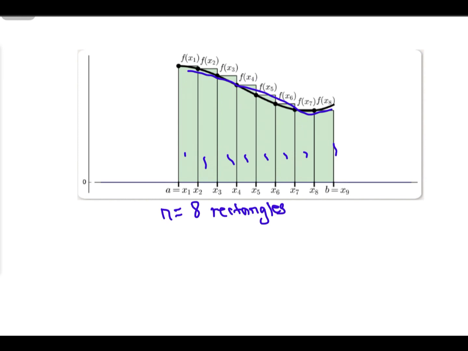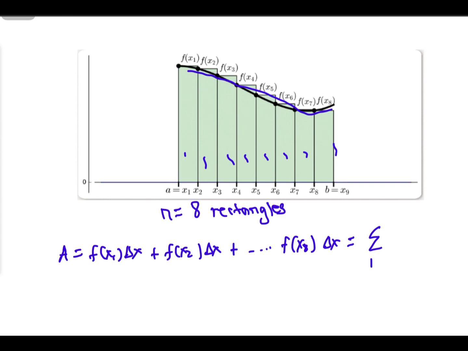In this case, with n equal to 8, we will have area equal to f of x1 change in x plus f of x2 change in x plus, up to f of x8 change in x. And therefore the sigma or summation notation is the sum from I equal to 1 up to 8 of f of x_I change in x. So this is something that I need you to take note of.